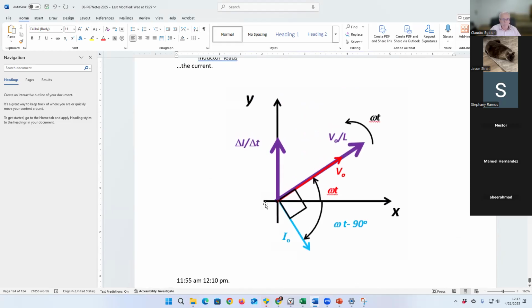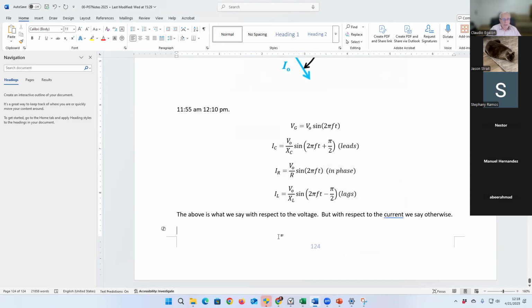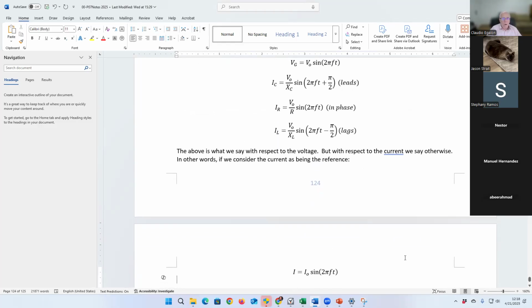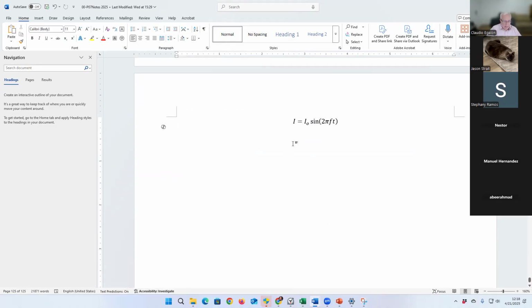In other words, if we consider the current as being the reference, suppose that we have a relation like that: the current I naught sine of 2 pi ft, we would say that the respective voltage for a capacitor only lags the current.